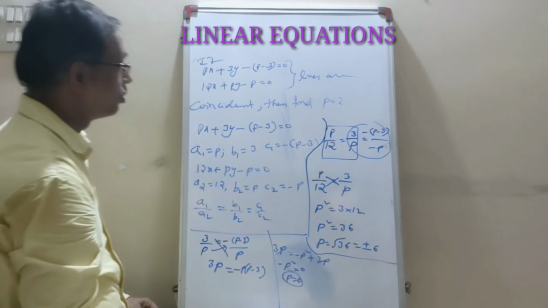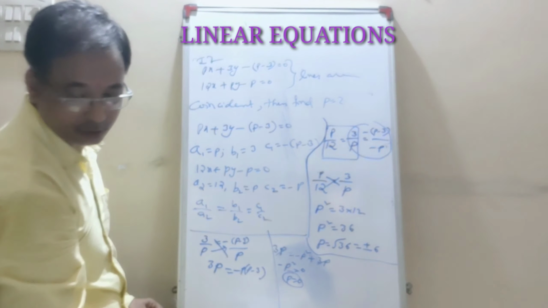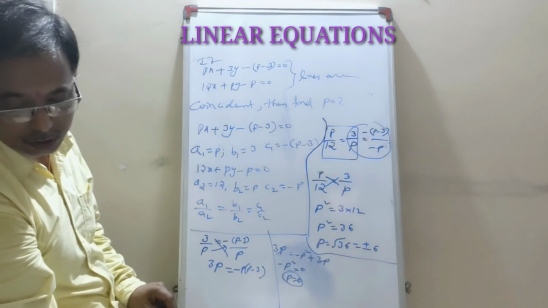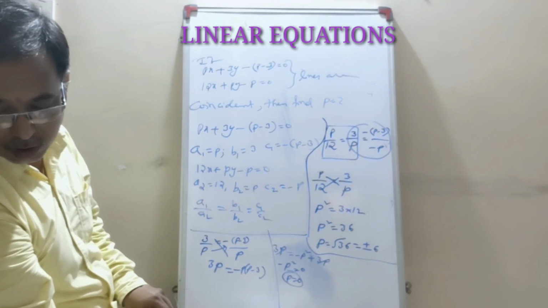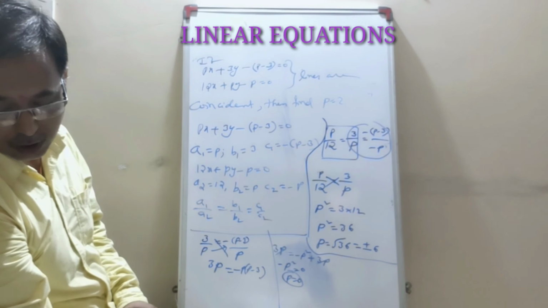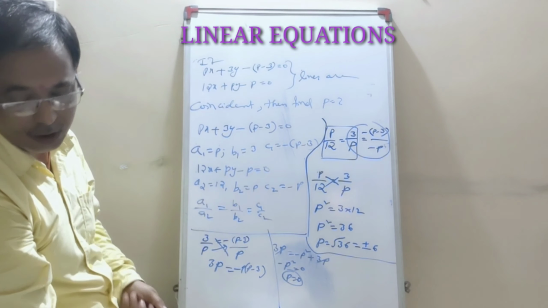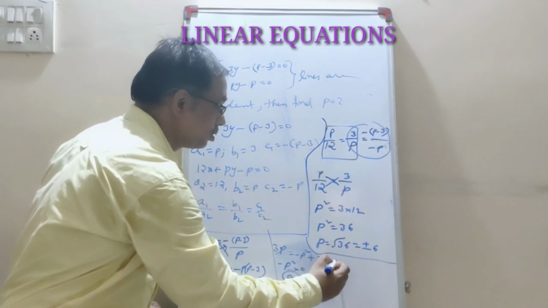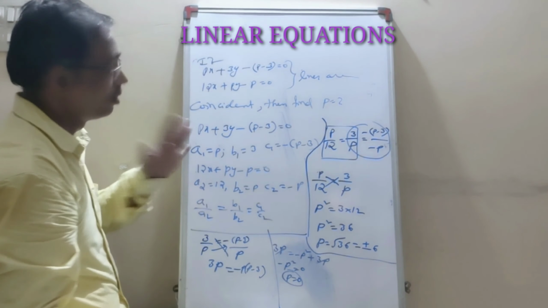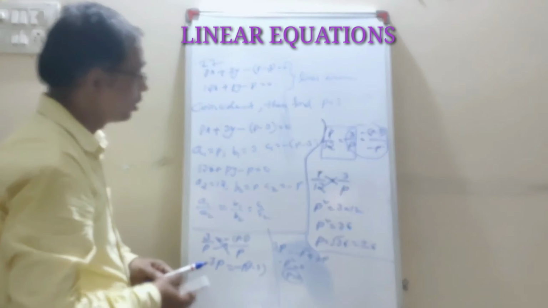So p is equal to 0 or p is equal to 6, but the solution is only p is equal to 6. Okay. Therefore the value of p that satisfies both the conditions is p is equal to 6, that's why we have to select only p is equal to 6. Okay. That is the way to do these types of sums.